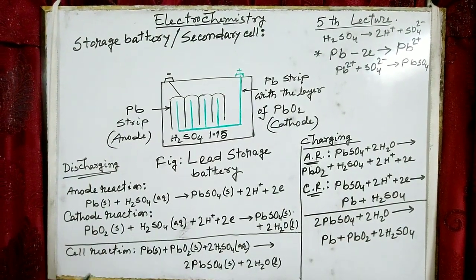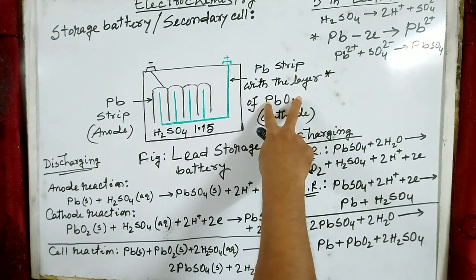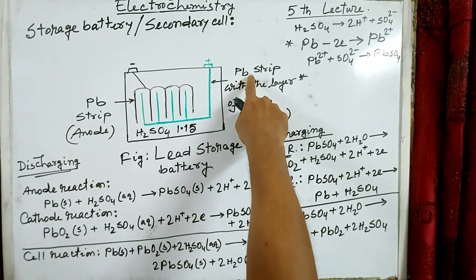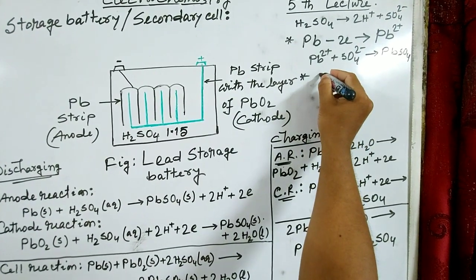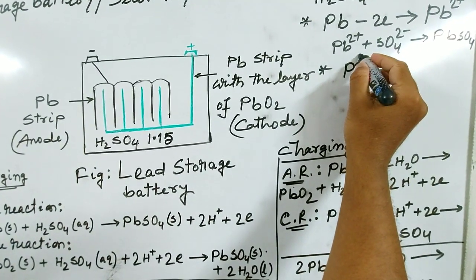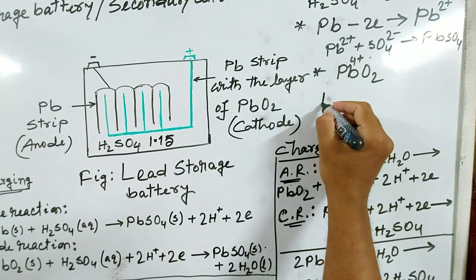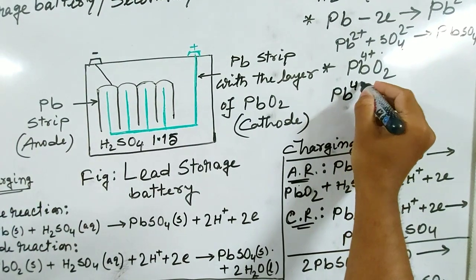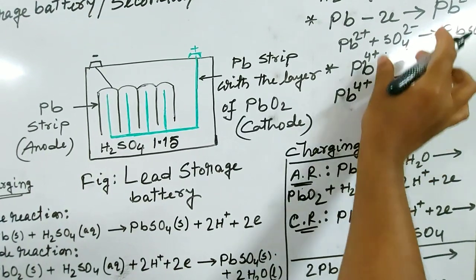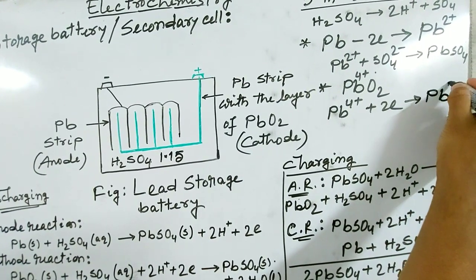Again, come to the cathode reaction. In the cathode reaction, you know that a lead oxide layer is used as a layer on the surface of the lead strip, and in the lead oxide, lead exists as 4 plus ion, Pb 4 plus ion, and this Pb 4 plus ion of lead oxide accepts 2 electrons which are released in the anode to form Pb2 plus ion.